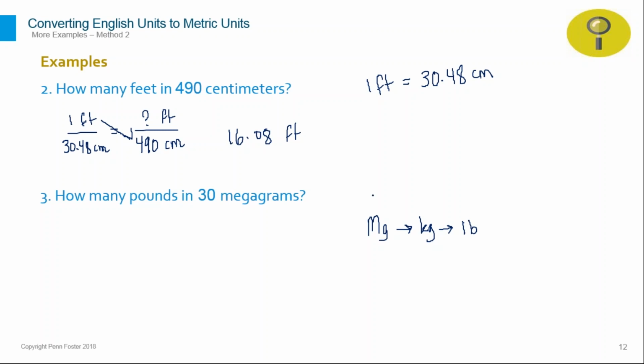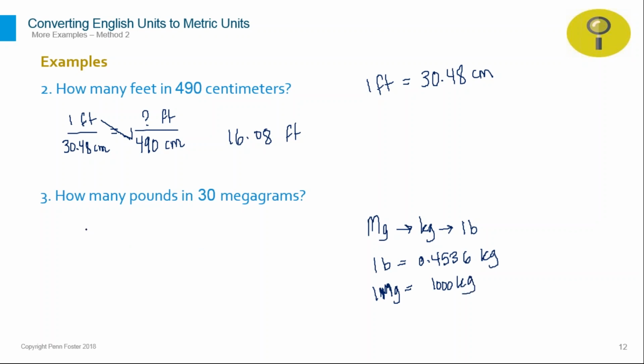Now, what are the facts that we know from the conversion table? We know that 1 pound equals 0.4536 kilogram and 1 megagram, that's an M, megagram equals 1,000 kilograms.